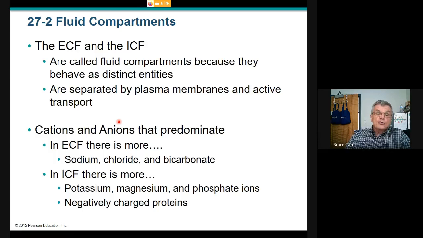Extracellular fluid and intracellular fluid are called compartments because they often are maintained at different levels, and they act as different entities in the metabolism of the cell.